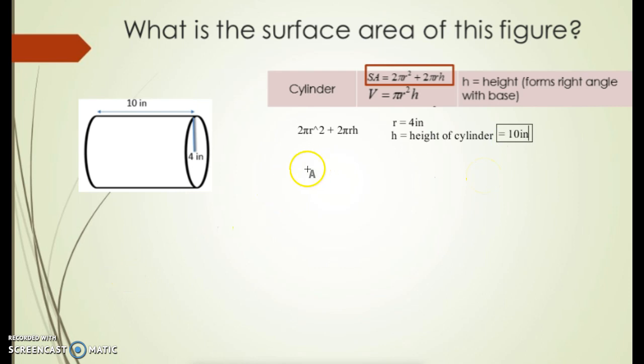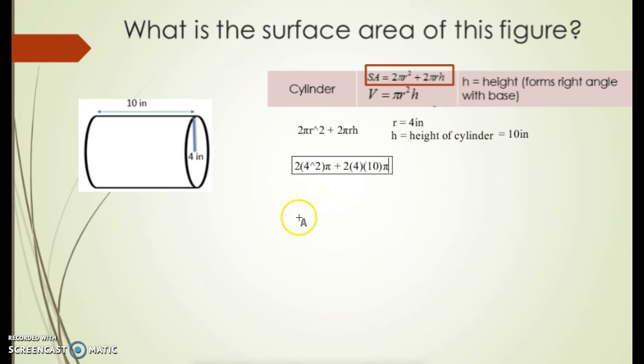Then we replace those variables with the numbers. What I like to do is leave pi in my answer until the very last step, so I'm going to move it after the r squared. So 2 times 4 squared, that's my r squared, pi, plus 2 times my r again, times my h, and then my pi.